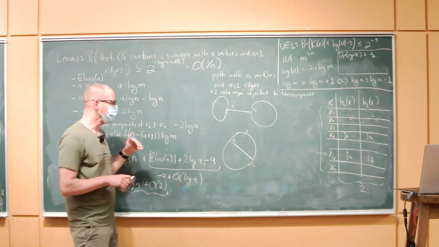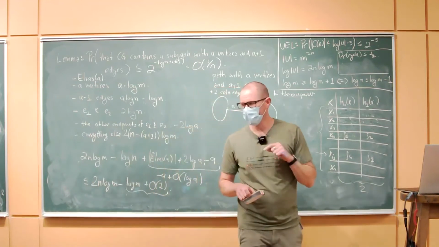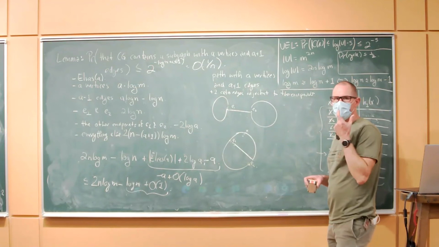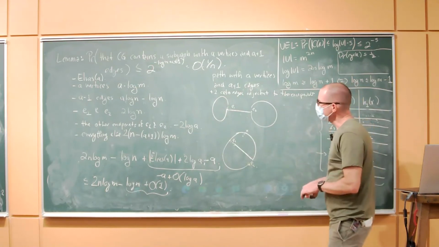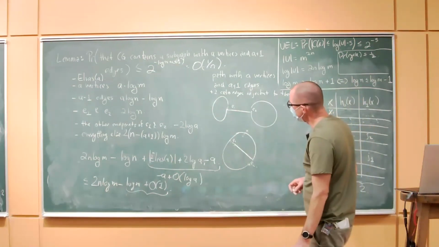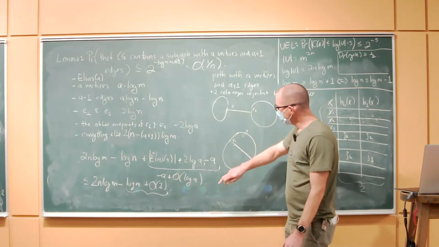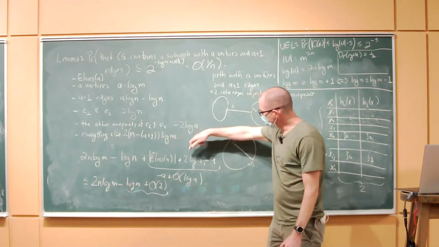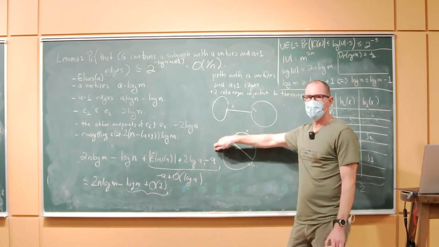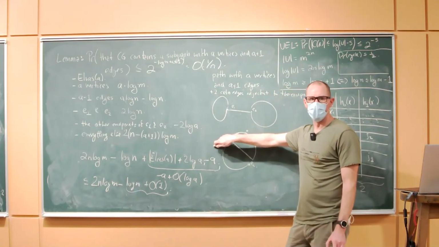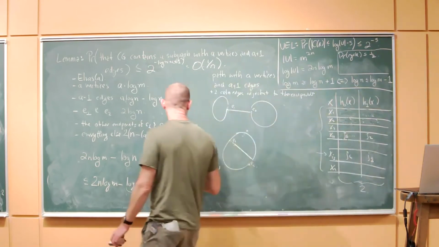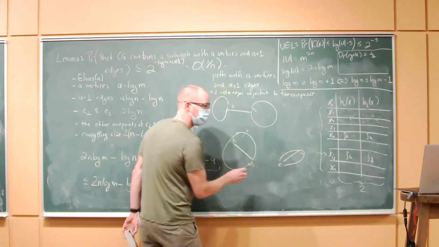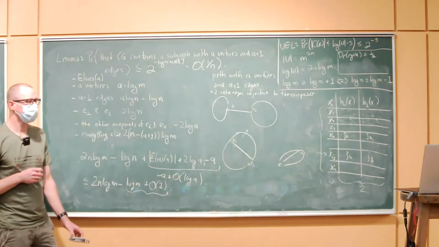The same way that the encoding argument for cycles basically pointed us out to the fact that the most likely cycle is a cycle of length 2. This one is telling us that because we have this plus O of log A minus A, the small values of A are going to be the problems. So stupid things like 2 vertices with 3 edges between them.